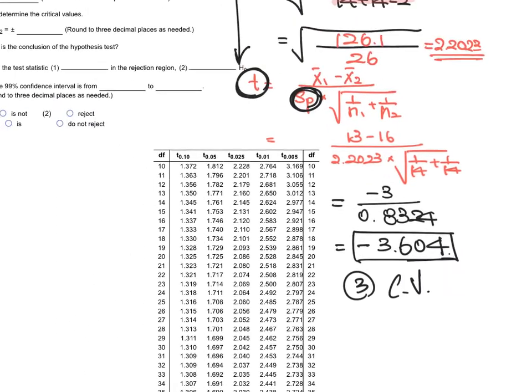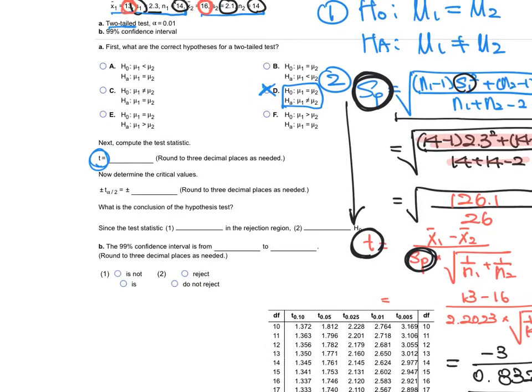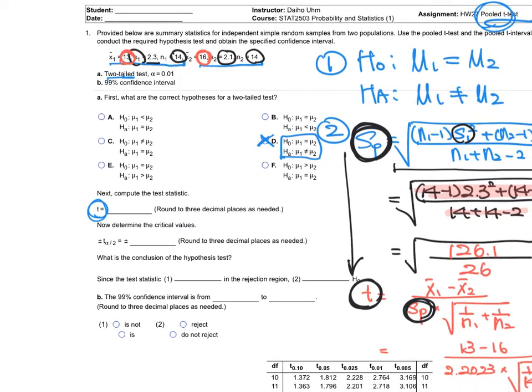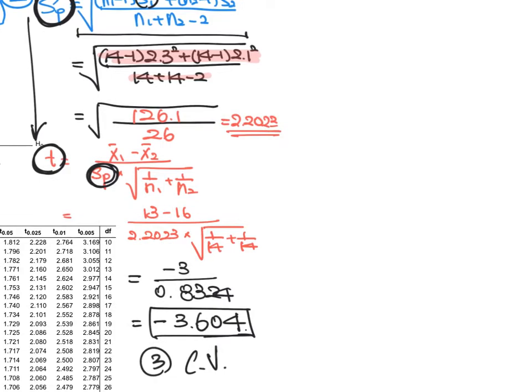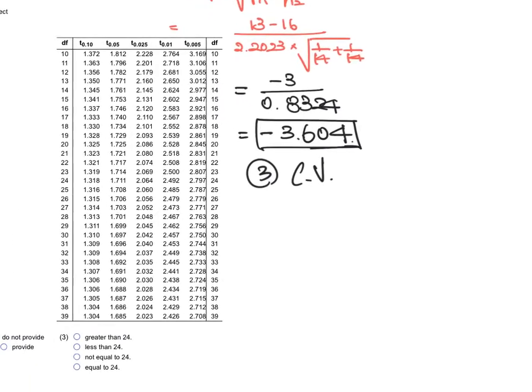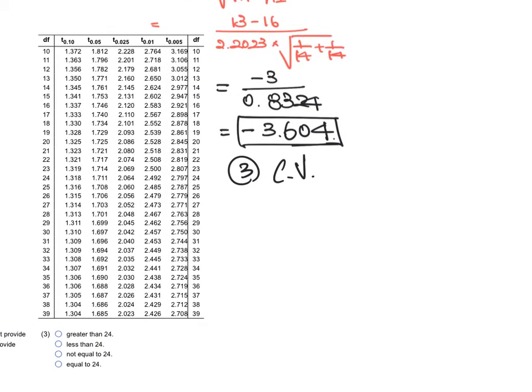I think the alpha was given. Yes, here the alpha was given as 1% and two-tailed. So let me copy. We need a critical value for two-tailed, and alpha is 0.01.